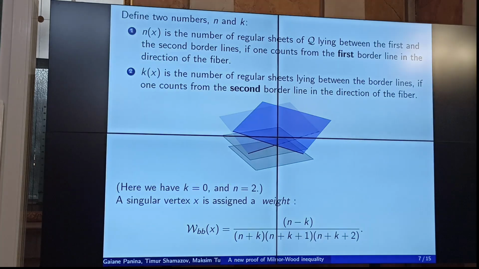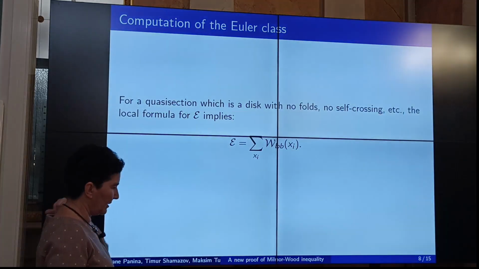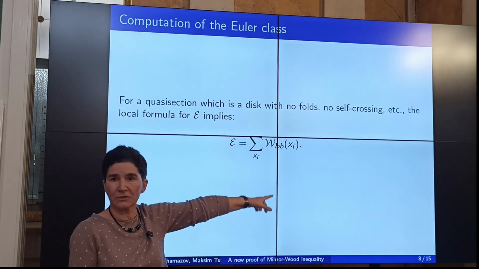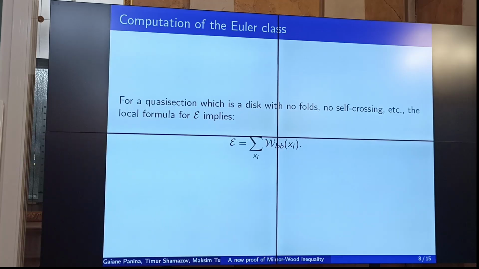And then it is true that whenever we have a quasi-section of this type, the Euler class is the sum of the weights over all singular points. That's it.